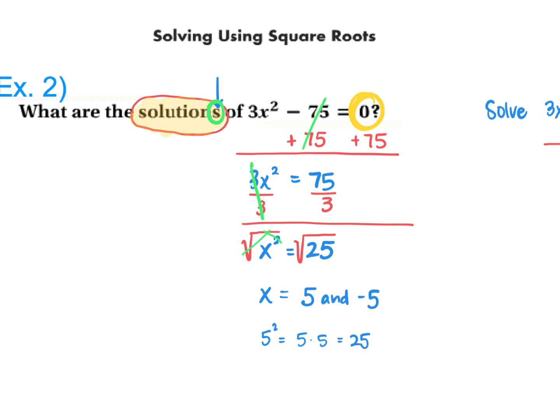Well, if you do the same thing to negative 5, if you take negative 5 and you square it with parentheses, that would be negative 5 times negative 5. And 2 negatives also equal 25. They both have a solution of 25. And since they both check out to be 25, then I have two solutions, plural, 5 and -5.